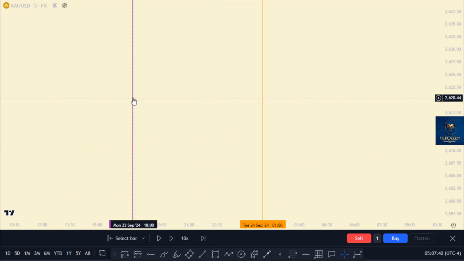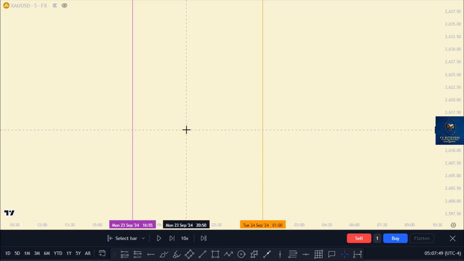So remember, here on gold we start from 7. On the other pairs we start from 17 p.m. as the open of the Asian session. Usually it starts when a new day is still running. So if you are going to start trading on Tuesday, your Asian session will start on Monday at 17 p.m.